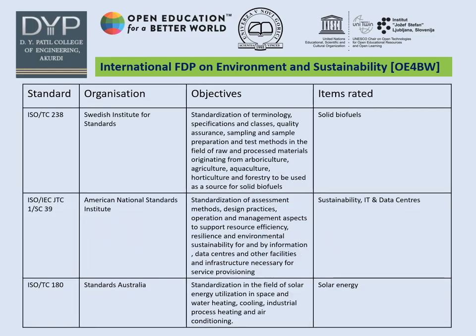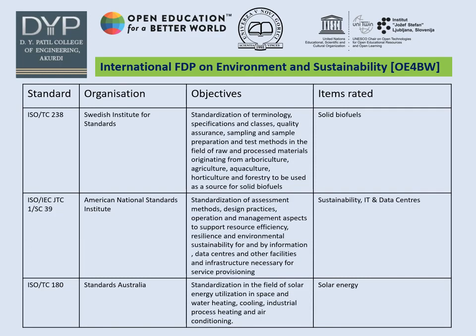The table shows the different ISO standards, the organizations related to those standards, and the objectives for which they were defined. ISO TC 238 is defined by the Swedish Institute.